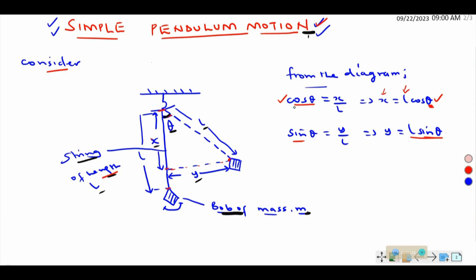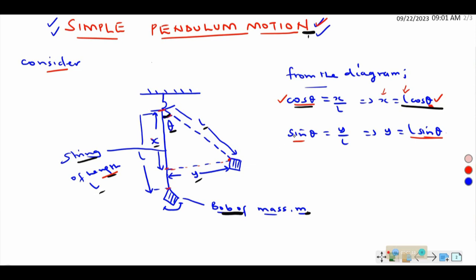When we use cos of theta, the adjacent of this angle is x, and the hypotenuse is this length L. So we can relate x with L by using cos theta. So cos theta is x over L, which means that x is L cos theta.